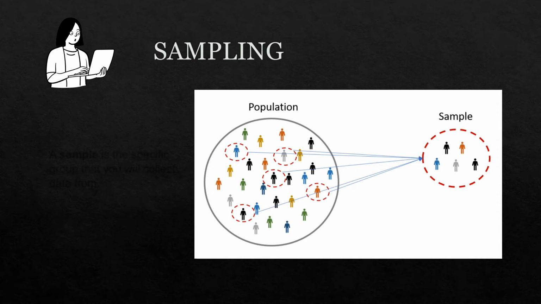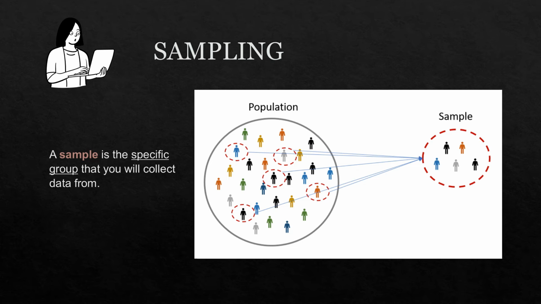Lastly is sampling. What is sampling? A sample is the specific group, okay? Specific group that you will collect data from. A sample is taken out from the population itself.